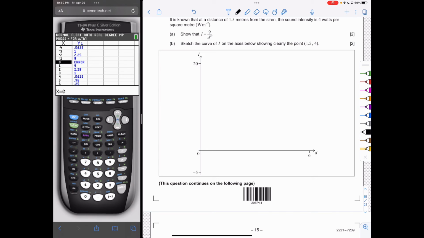So basically here I start off at the first point, 1, 9. And I know that as I approach 0, I get an error. So if I'm at 1, 9, I'm going to be somewhere right around here.